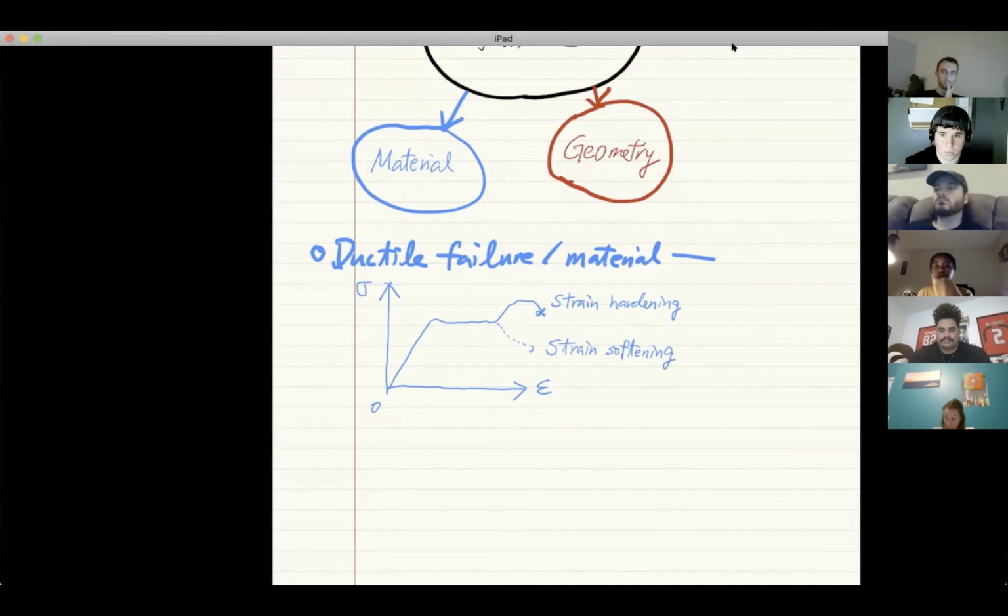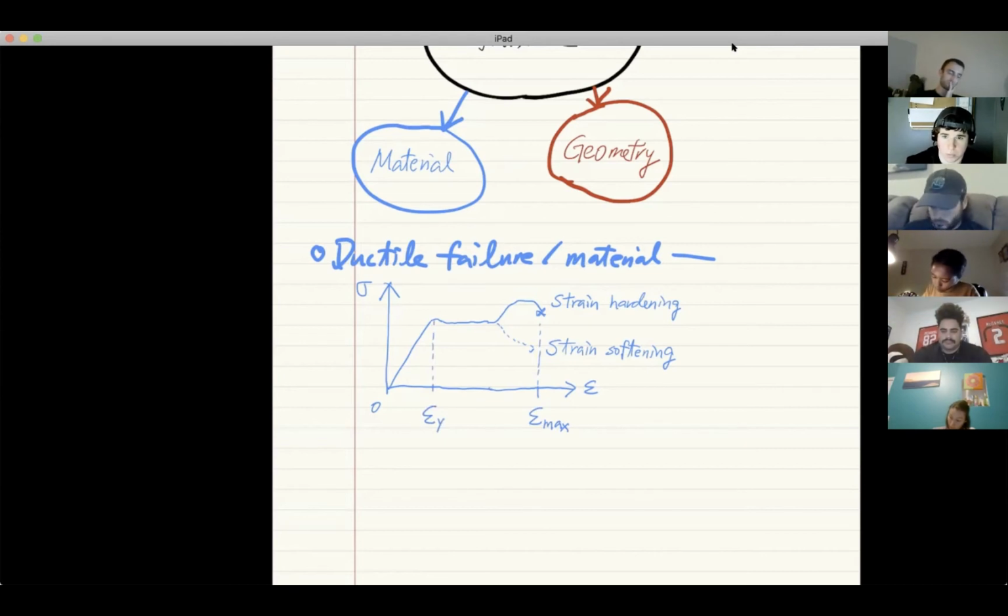In the end, if you define the maximum strain, you can call it epsilon maximum, which is the strain when the material fails. And you can also define another point, which is what we call yield strain, usually denoted by epsilon y.